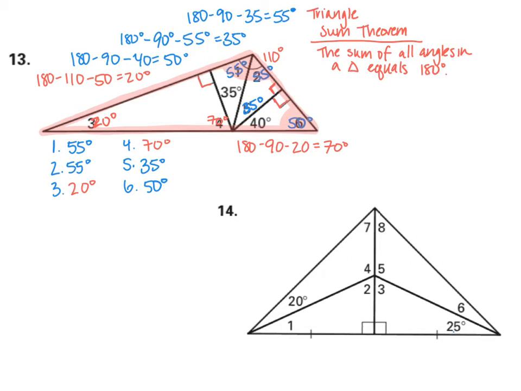It's also a bisector because this segment and this segment are congruent. So since it's a perpendicular bisector, we can make some inferences. And one of those inferences is that this angle and this angle are going to be the same. So angle 1 is going to be 25 degrees.